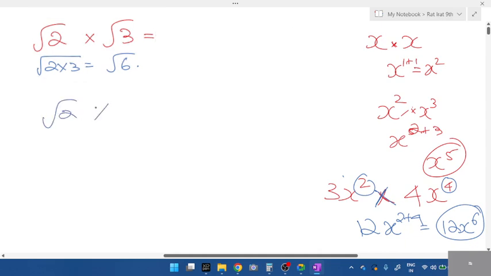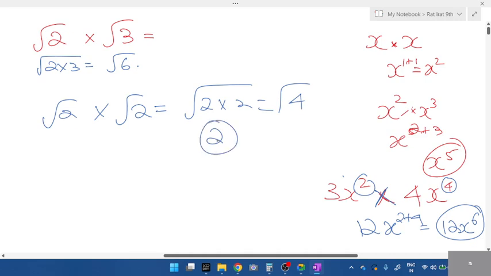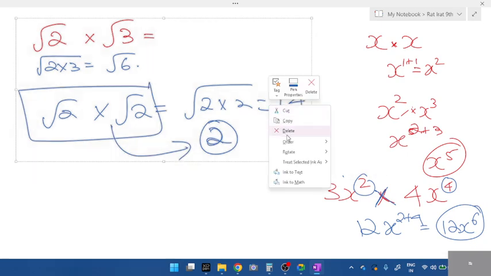If I take root 2 into root 2, 2 twos are 4. What is root 4? Perfect score. The answer is 2. Remember, I told you all, whenever you multiply two same numbers, the answer will be the number, right? Yes, it is 2.